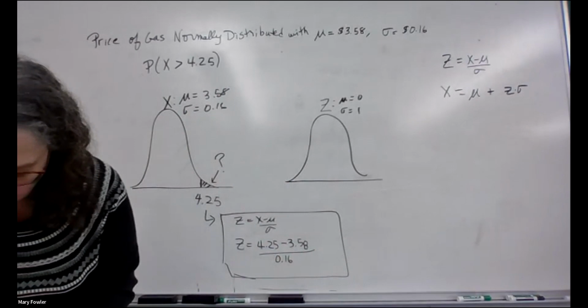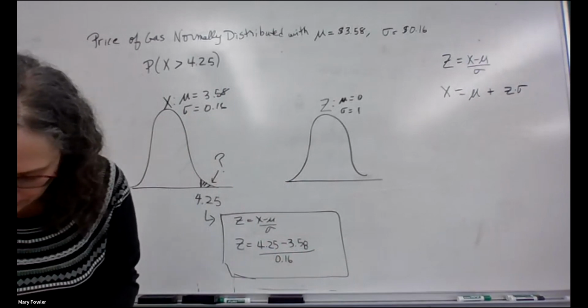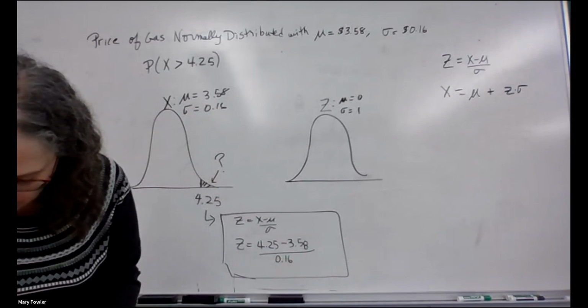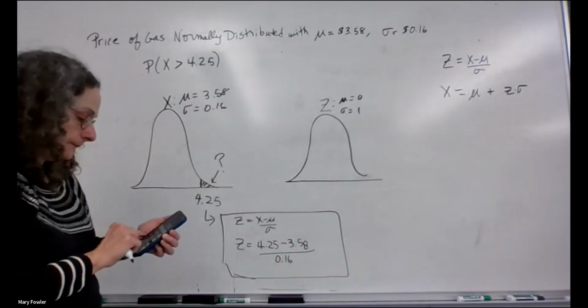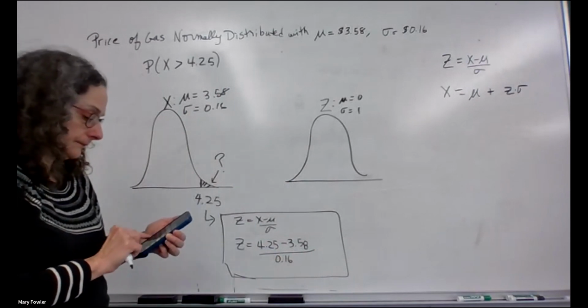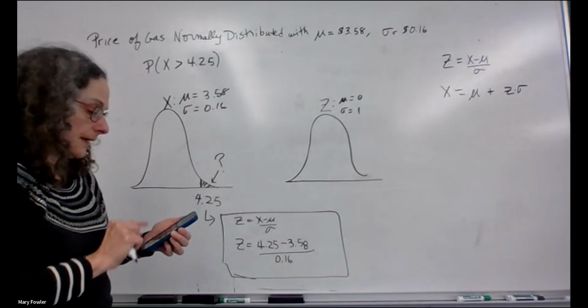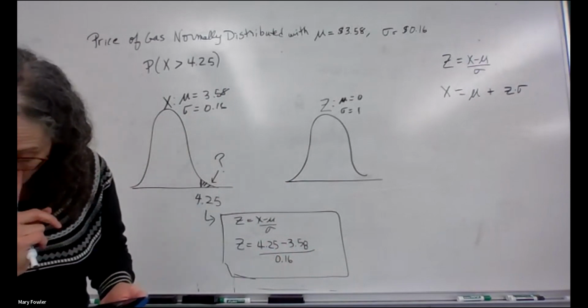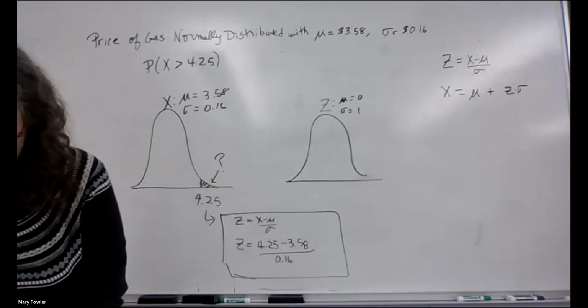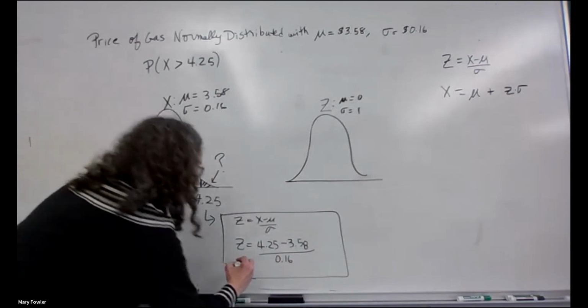Take a moment, work with your calculators with me, please. And I'm getting a 4.19, rounding to 2 decimal places.